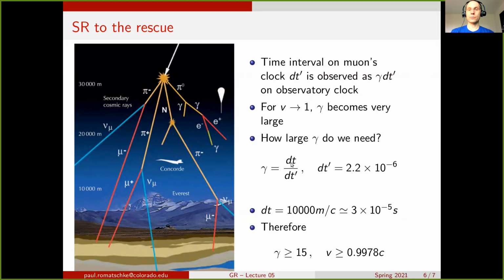Plugging these two numbers into dt and dt prime, we find that we need gamma factors in excess of 15. If we go back, that means that we need the muons to have velocities larger than 99% of the speed of light in order for them to not decay before they reach the ground observatory.